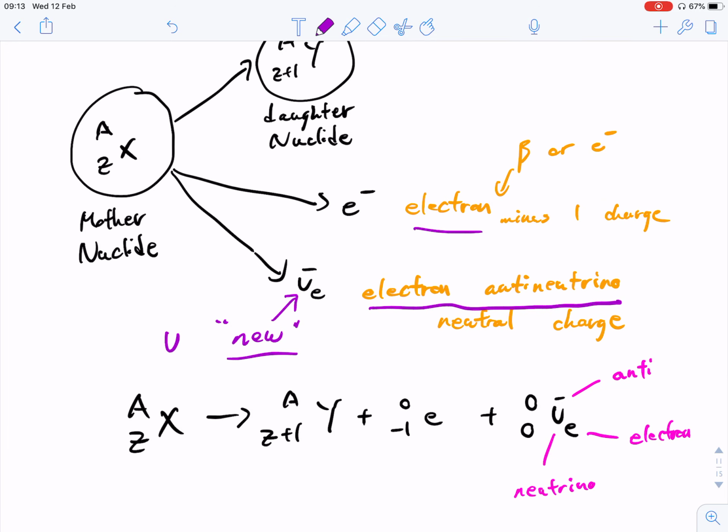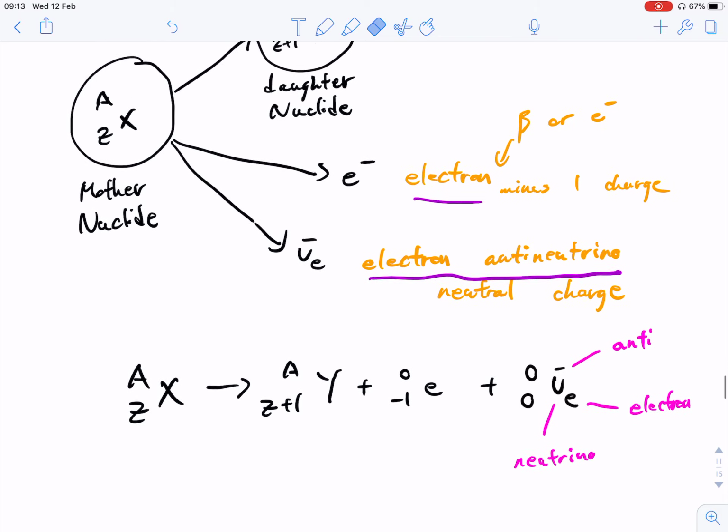Okay, so the bar is an anti-particle. So V is nu for neutrino, and E is the symbol for the electron. So that's how we get the symbol for the electron anti-neutrino. And the electron antineutrino actually has no charge, as we can see down here.